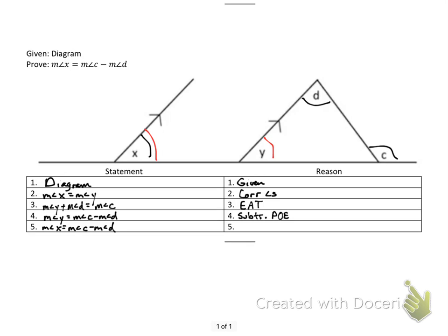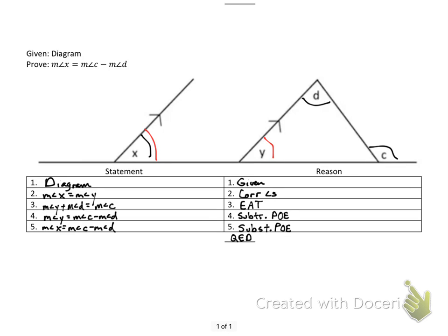And we can now show the final proof statement because what property did we use? Substitution. We just substituted x in for y. All right, so what we have here is a proof that's finished.